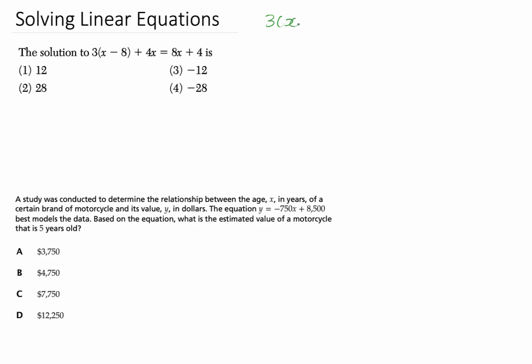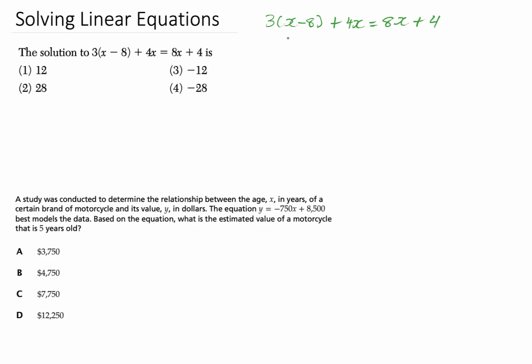We have 3 times (x minus 8) plus 4x equals 8x plus 4. Many of my students are adult learners, so I try to make solving these problems really non-traumatic and kind of simple. My strategies are a little bit different than normal math teachers.